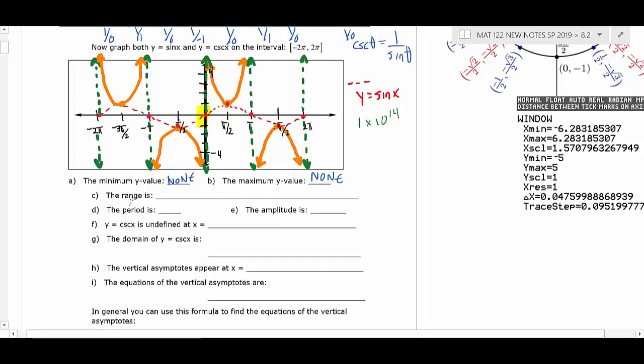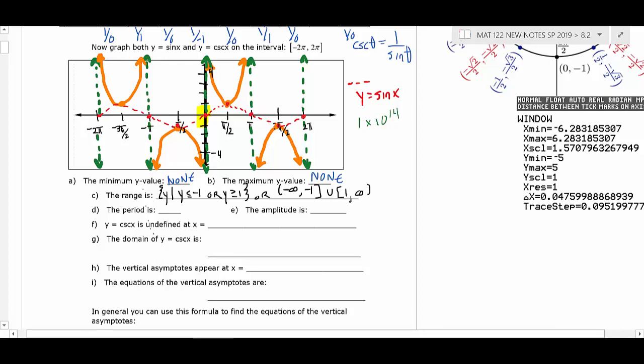So the way you would say your range for a cosecant, there's two ways. You could say the set of y such that y is less than or equal to -1, or y is greater than or equal to 1. Or if you wanted to do this in interval notation, you would say -infinity to -1 with a bracket to include -1, and then union 1 to infinity.